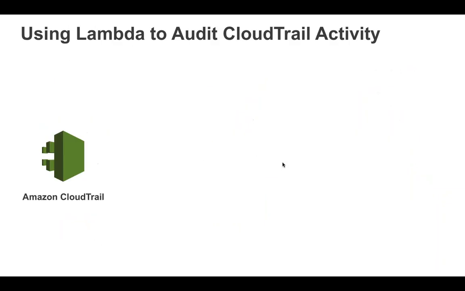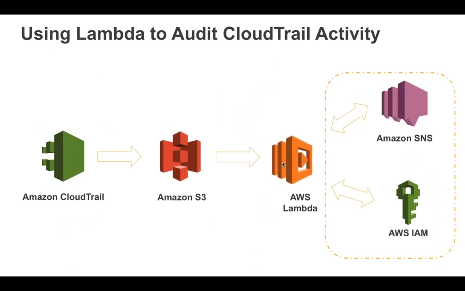So just some tips and tricks for using Lambda. The first one is using Lambda to audit CloudTrail activity. Really good example here. CloudTrail is our service that keeps track of and stores in Amazon S3 all the activity that goes on in your account. That may be through APIs, or through the main web console. Everything you do is stored by CloudTrail in files in Amazon S3.